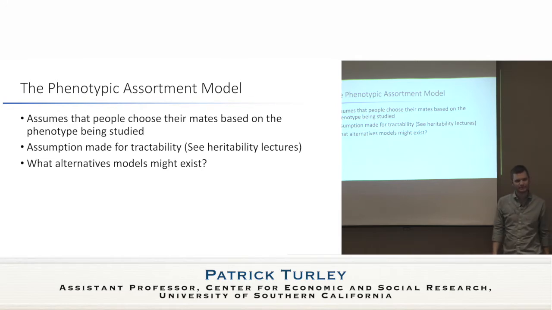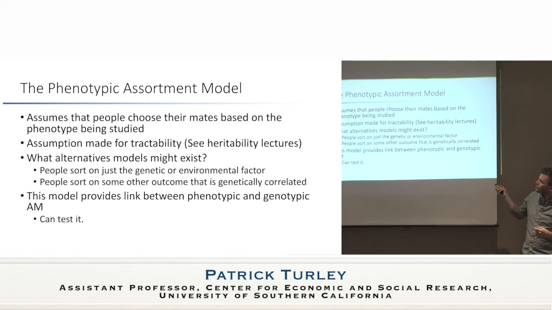It could be that other outcomes that are related to education could be genetic. Yeah, exactly. That's one thing. People may be sorting on other correlated phenotypes, and if that's the case, then we might see different patterns between phenotypic sorting and genetic sorting. So that's a really important one. Another one, which is maybe less intuitive, is that instead of sorting on education itself, maybe for some reason they're sorting just on the genetic or just the environmental factor.